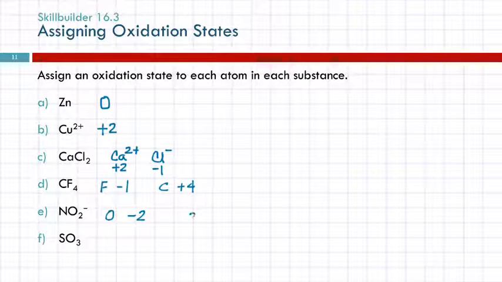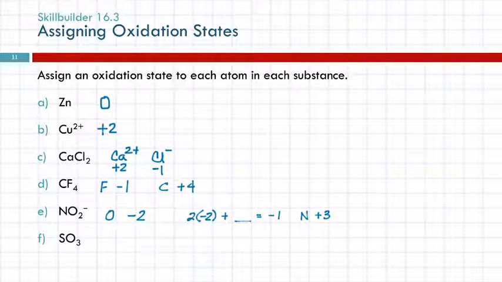We've got 2 oxygens, and they're each -2, plus that 1 nitrogen, and that has to add up to -1. So this is a total of -4 over here. So what has to go in the blank? 3. Positive or negative? Positive. So the nitrogen here has an oxidation state of +3.